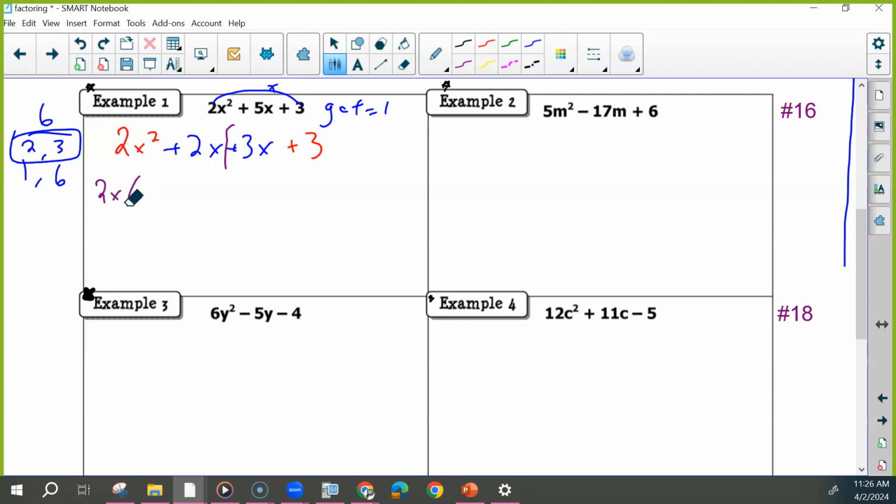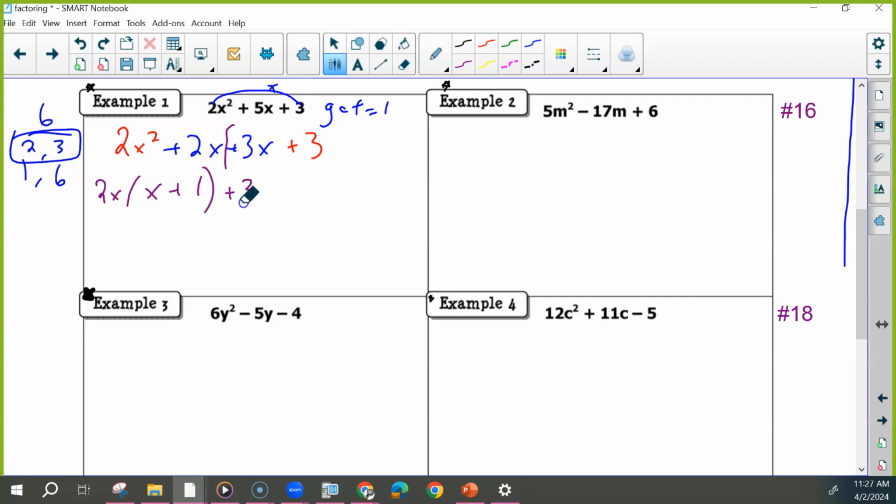We're dividing 2x from both of these. What's left? X plus 1. And then what could we divide out of the last 2? Positive 3.